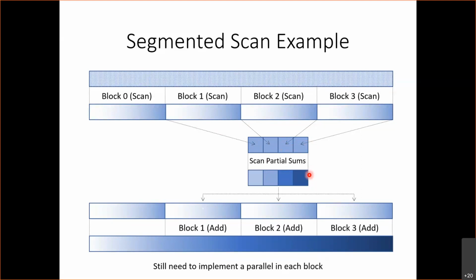Okay, so having said this, let's proceed and see how we can do a parallel scan inside of each thread block. The algorithm we're going to use is called the Kogge-Stone parallel algorithm, and in particular, we're going to use the inclusive scan first. The way the Kogge-Stone algorithm works for doing a parallel scan is as follows.